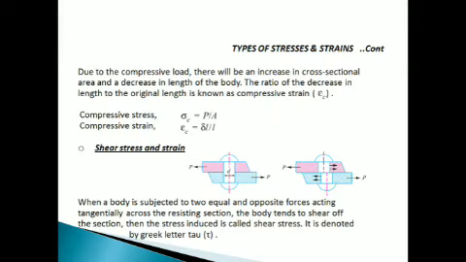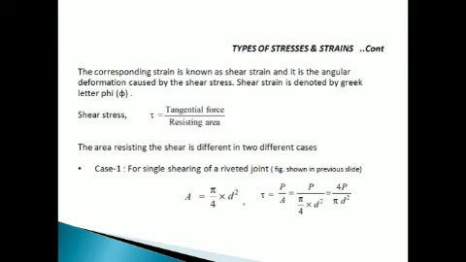And for this single shearing of a riveted joint, the area resisting the shear is A is equal to pi d square by 4. That is the cross sectional area at the center of the rivet.